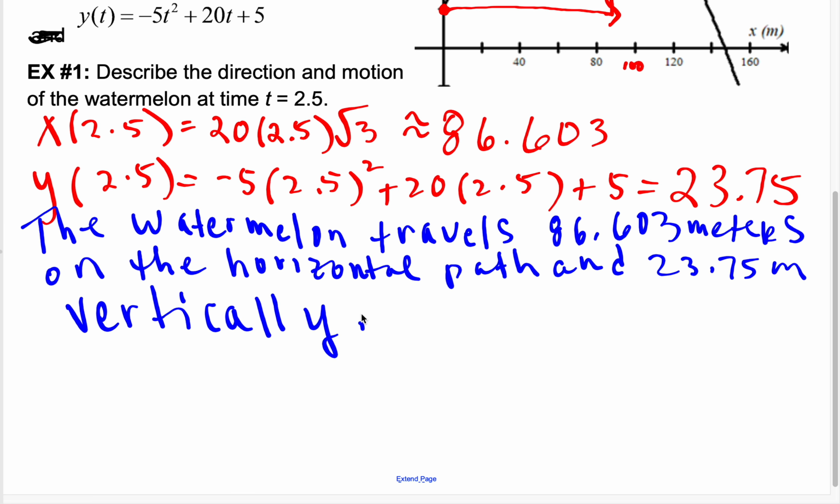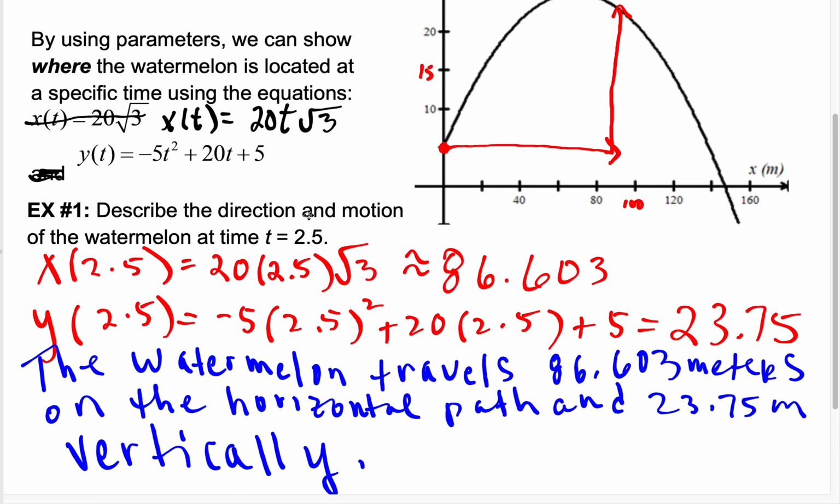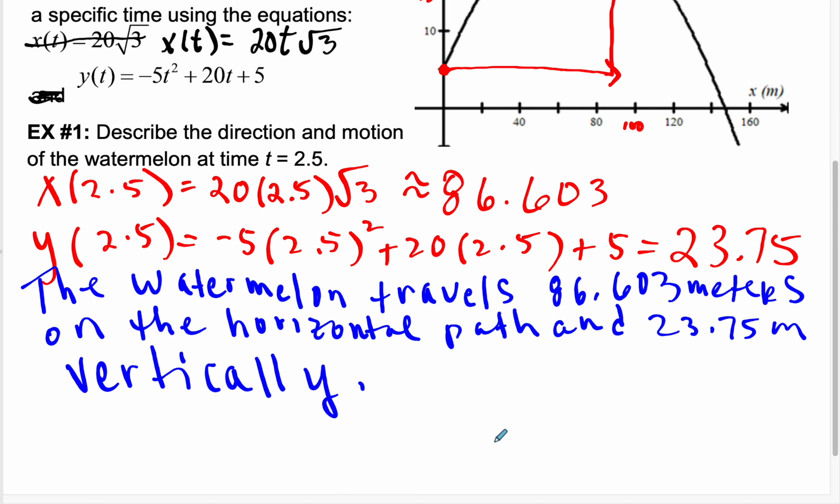So we are using parametric equations to describe the direction and the motion of the watermelon at time t equals 2.5.